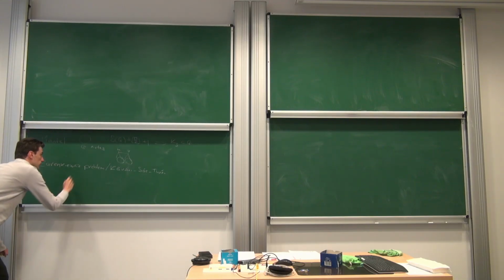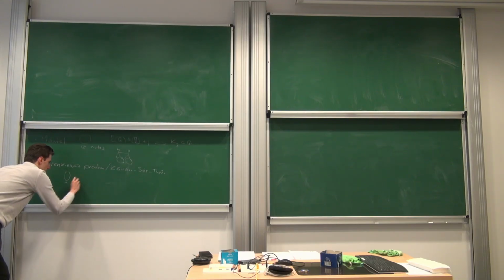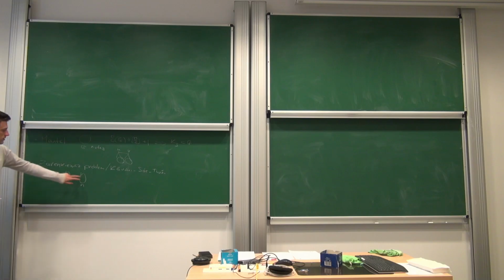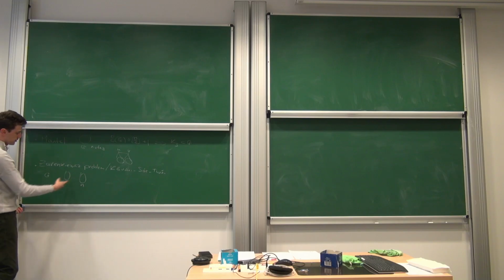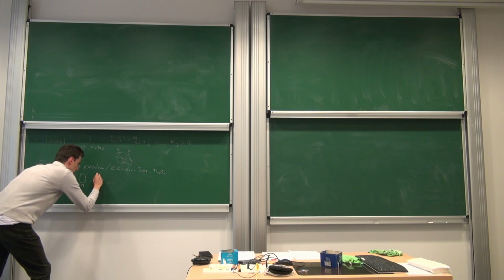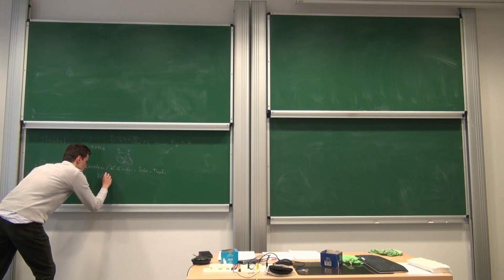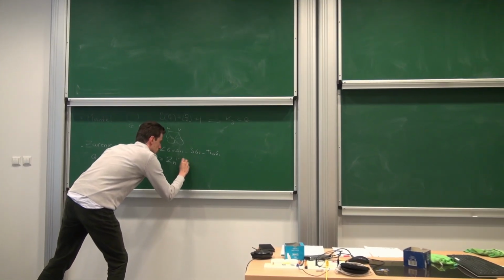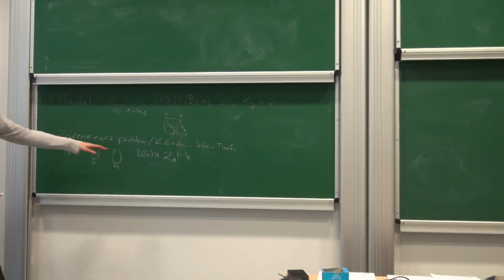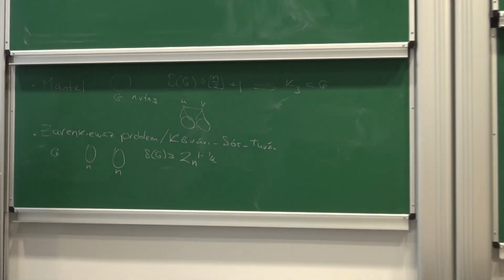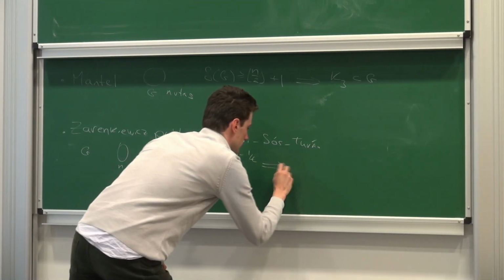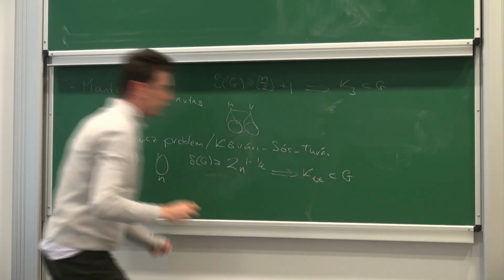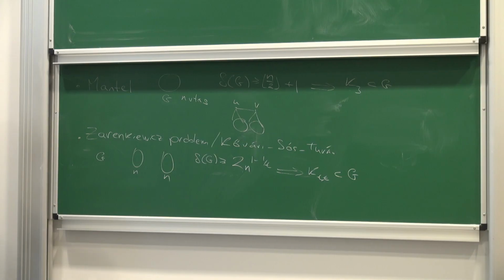So what does this say? Now we have a graph G which has n vertices in each part, and it's bipartite. The theorem says if you have minimum degree more than n to the 1 minus 1 over t, you have a complete bipartite graph with t vertices on each side.